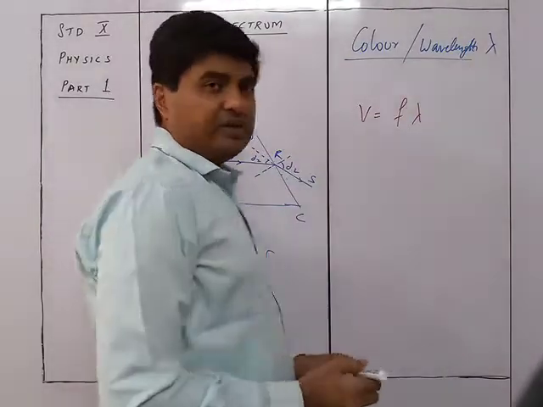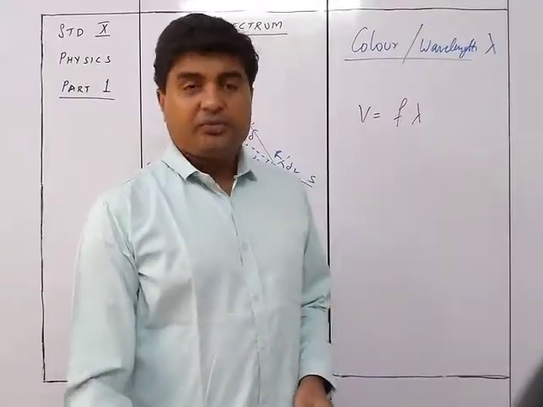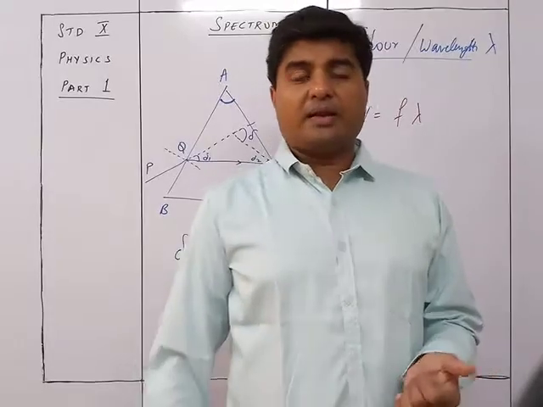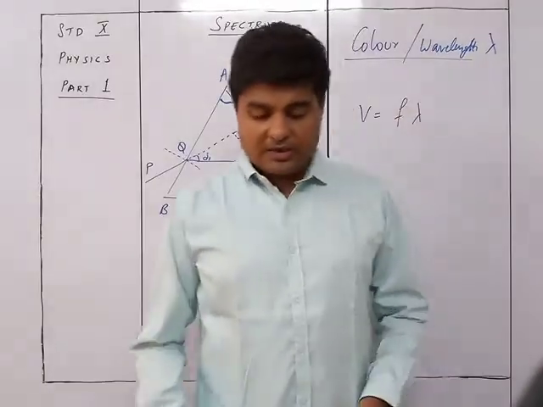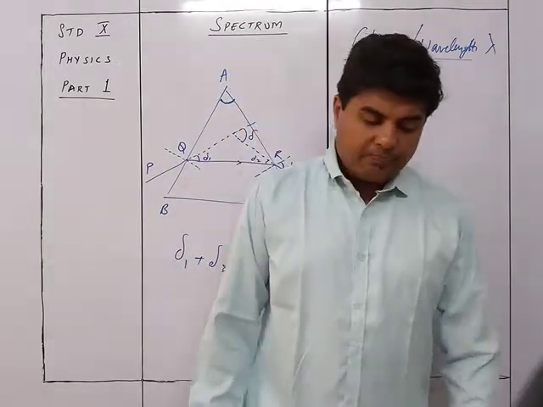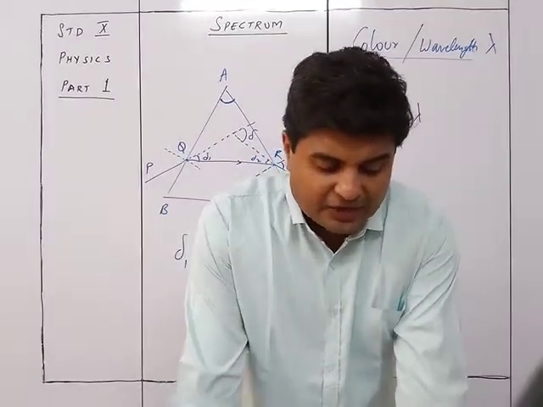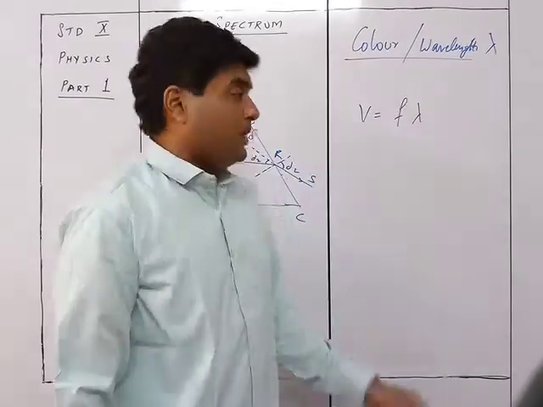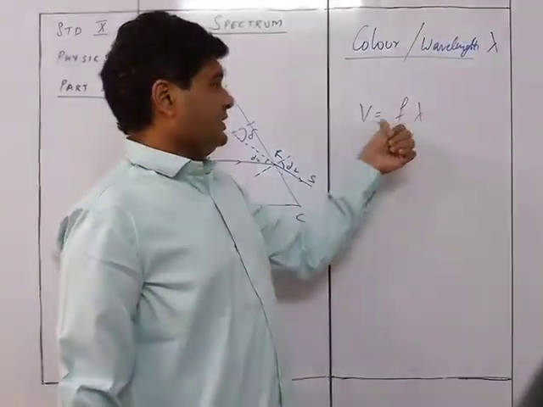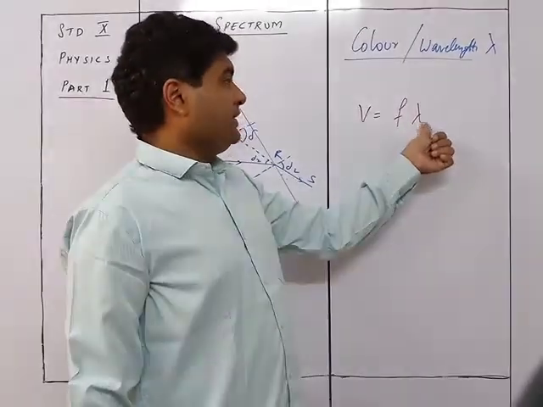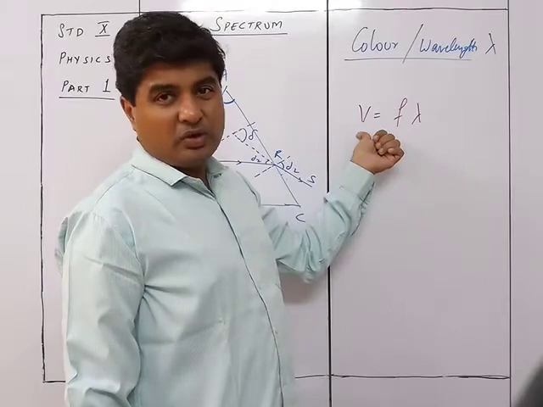Now over here we see that if this lambda is going to be different, automatically the velocity could be different. Considering this fact, we see that the speed of light in a transparent medium decreases with the decrease in the wavelength of the light. So if the wavelength decreases, speed also decreases if frequency remains the same.